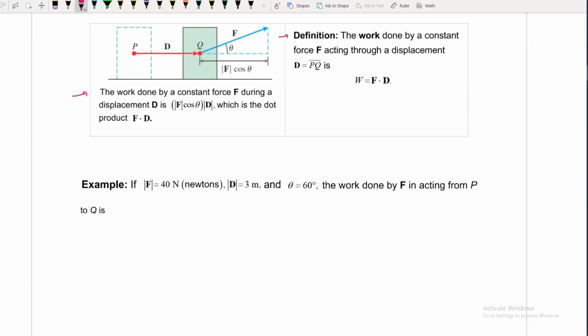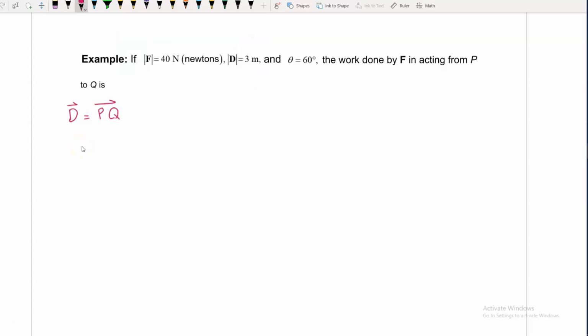The work done by F in acting from P to Q is, since vector D is equal to the vector from P to Q, by definition work is equal to force times distance, and this is equal to the magnitude of F multiplied by the magnitude of D times the cosine of the angle between the two vectors.